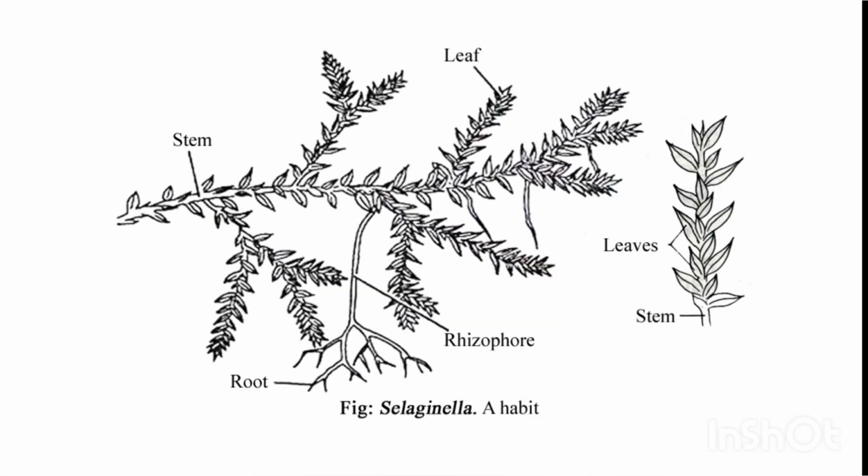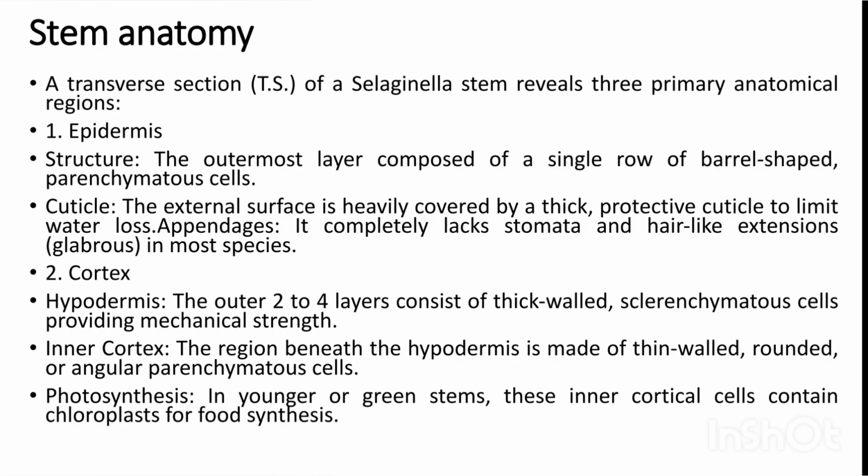Okay. So this is the Selaginella plant. This is the stem or axis. These are small leaves. This is root and this is rhizophore. Then stem anatomy. The cross section of stem shows one epidermis layer with a thick cuticle which is protective in nature to prevent water loss.